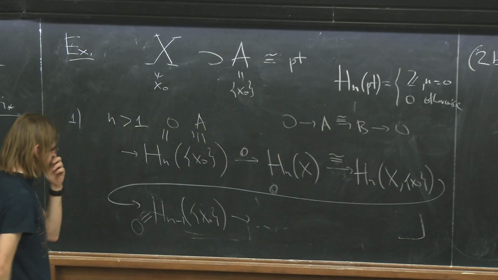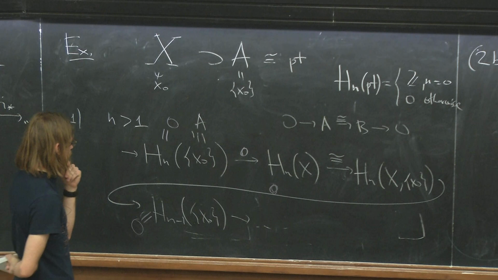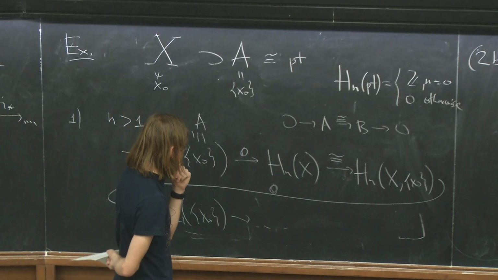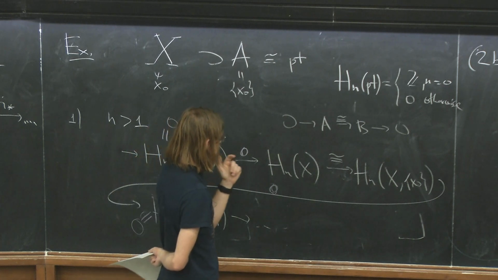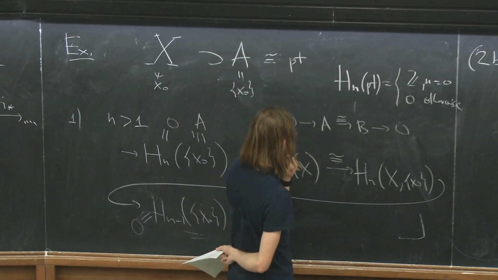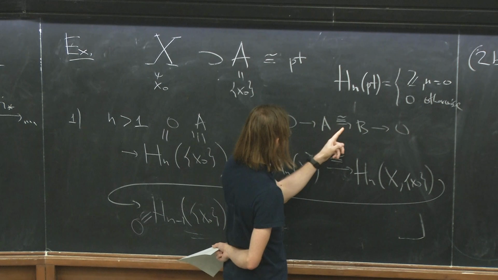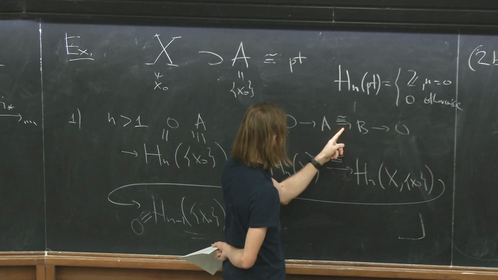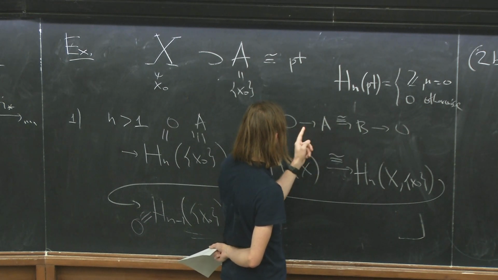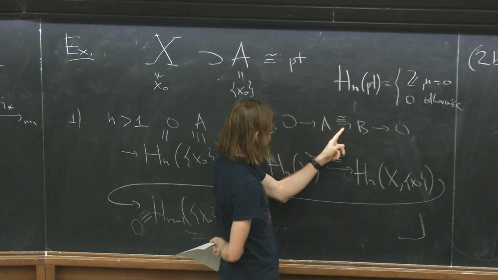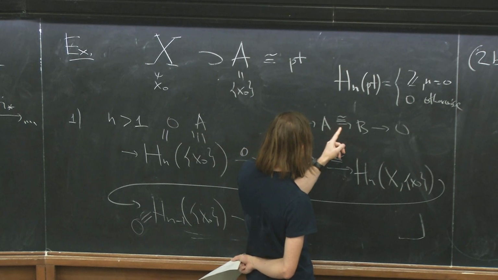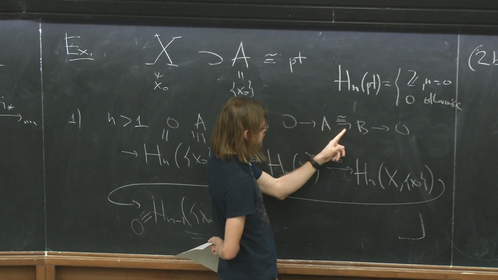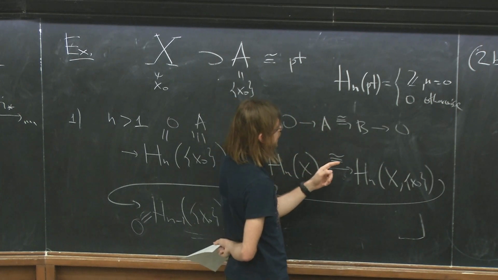So let me argue this in this case. Why does this happen? We know that the kernel of this map is the same as the image of the previous map, but that map is trivial. This means that the kernel is trivial, so this map is injective.